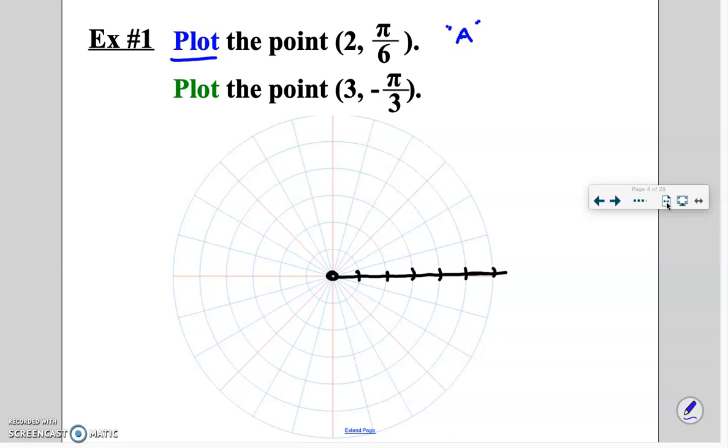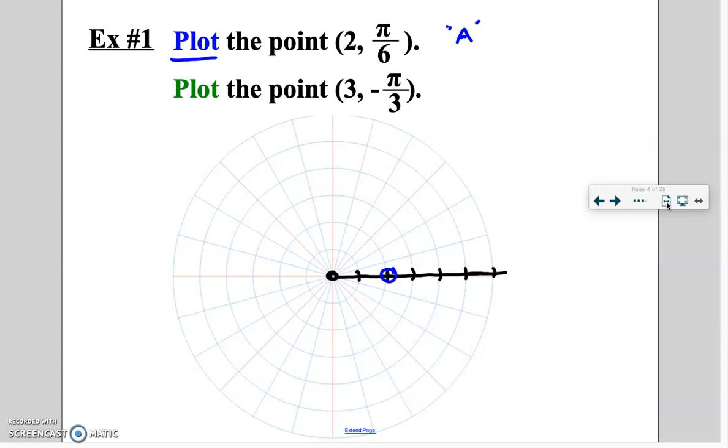So from the pole, if I went out 1, 2, we agree that we can put that point right there. But that's not our final answer because that's at 2, 0. That means that I went out 2, but what was my angle? Where I put that point currently, I didn't rotate at all, not yet. So this is at 2, 0 for the moment. We have to rotate until we get to pi over 6.